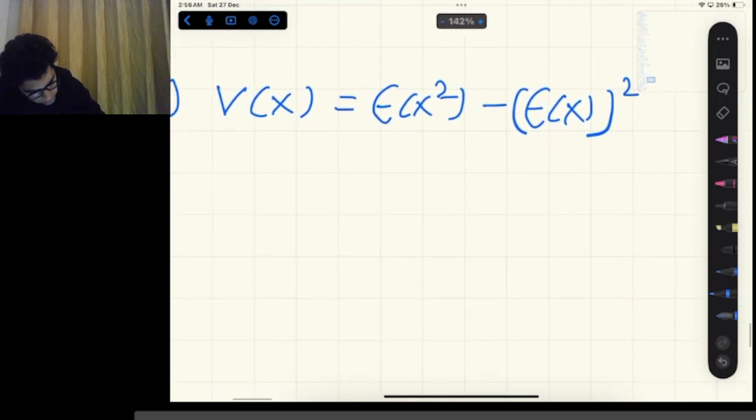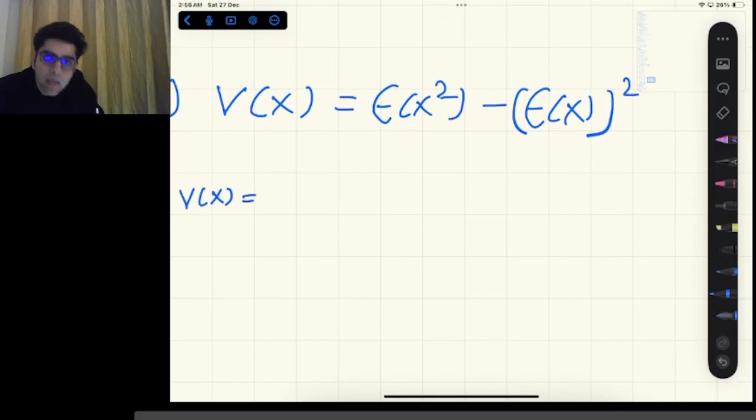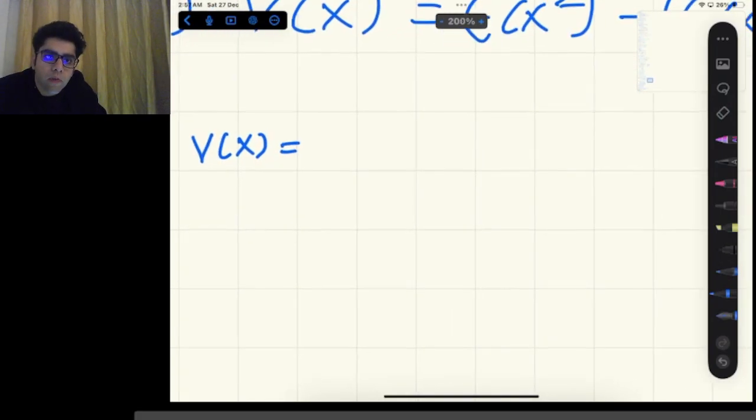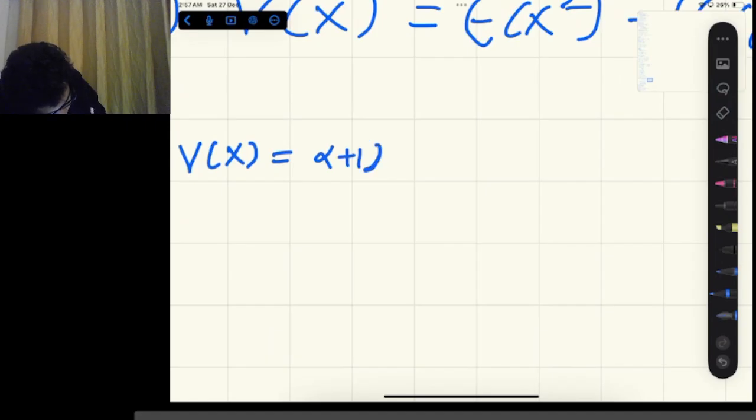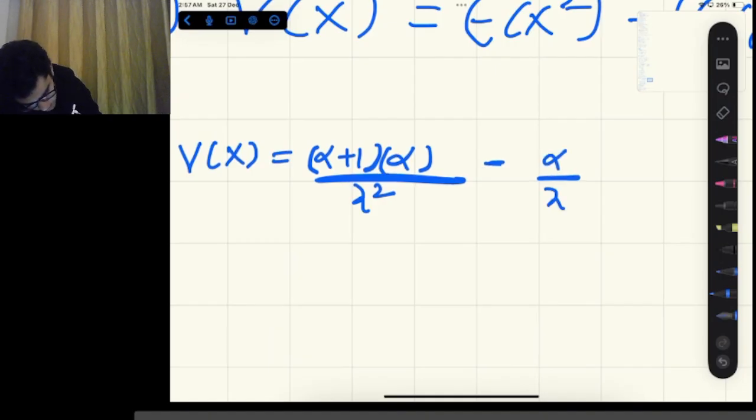Now my E of x square was alpha plus 1 into alpha divided by lambda square, and E of x was alpha upon lambda, but E of x whole square for variance.